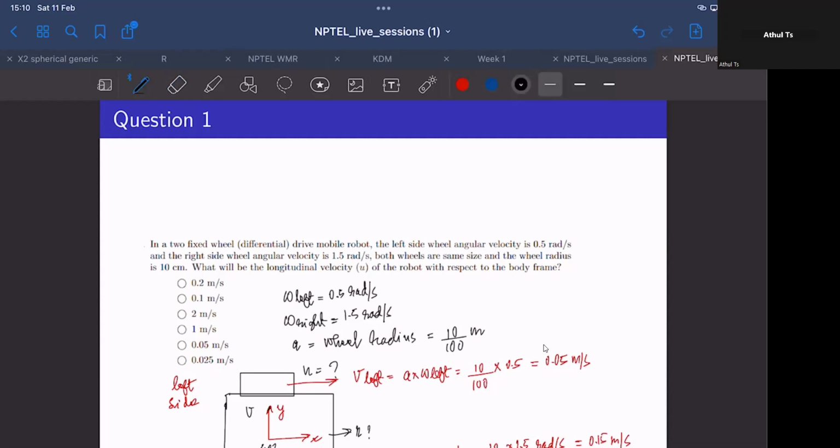So how do we approach this? If we simply consider the left wheel alone, and for the time being forget the right wheel, with the right wheel being stationary, what would be the velocity of the point at which the frame B is attached?